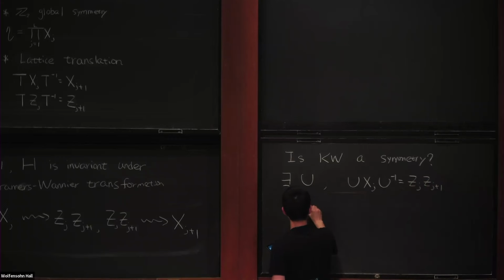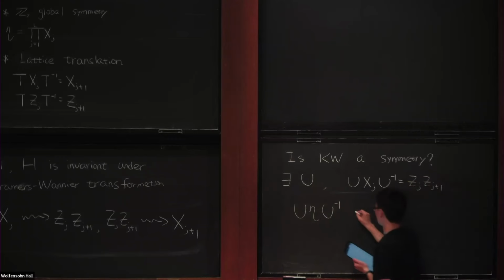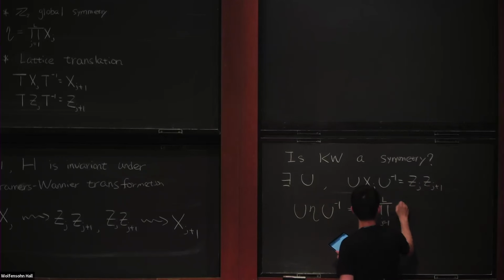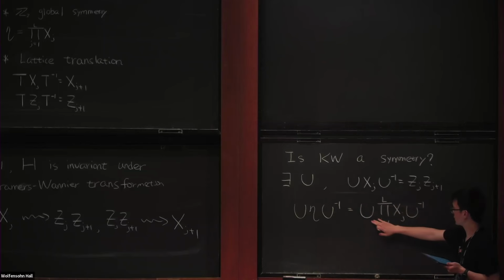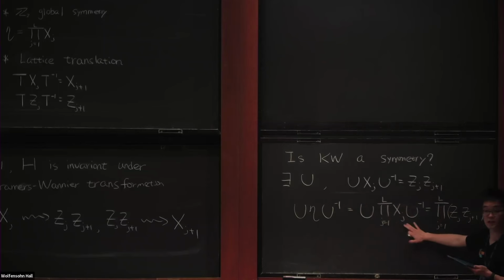Let's consider U acting on eta, where eta is the defining Z2 symmetry of the Ising model. It's just a product of the X_j. But now we can move the conjugation to each individual factor, and turn the X_j into Z_{j+1}.